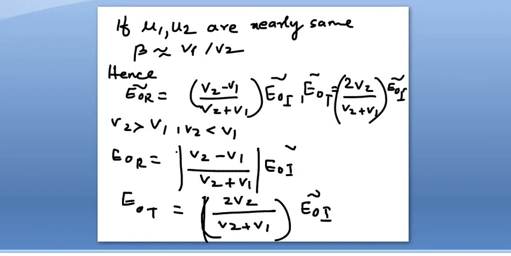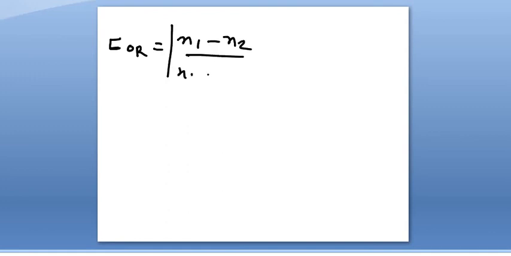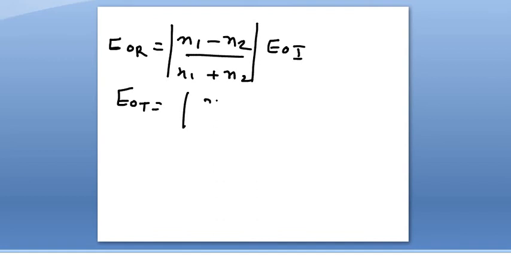So now, once you are taking the modulus, express in terms of n1 and n2, that is our refractive index. We know n is related to velocity by c by v, so they will have an inverse relationship. E0T is equal to 2n1 by n1 plus n2 times E0I.